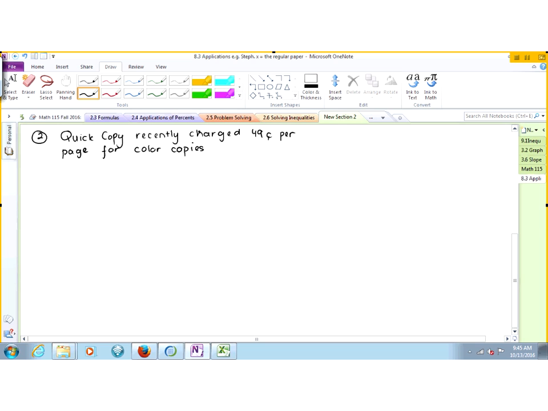Maybe this is Kinko's. How much does Kinko's charge for color copies? I don't know. I haven't gone to Kinko's for a while. And 7 cents per page for black and white copies.